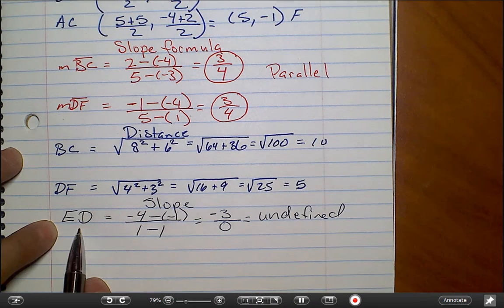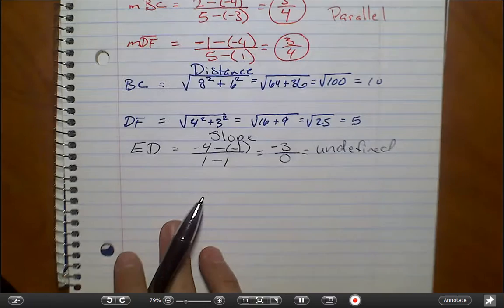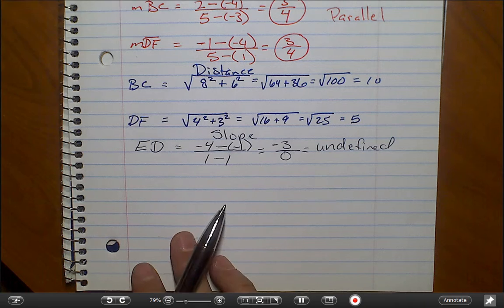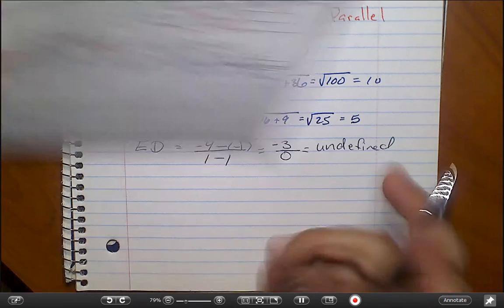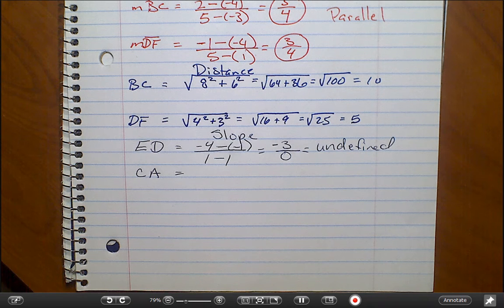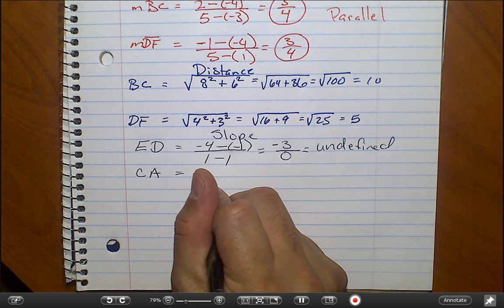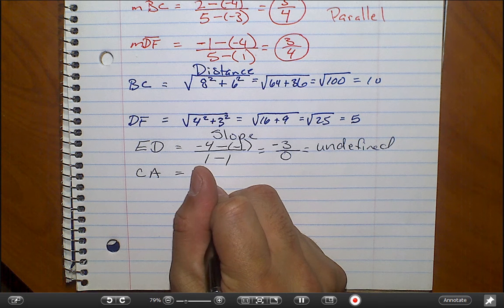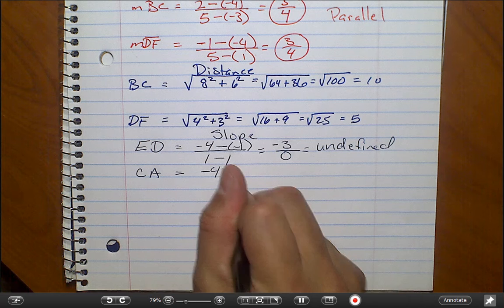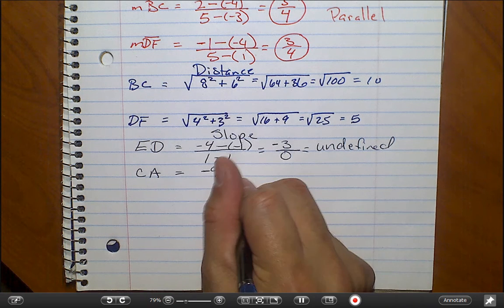So let's do the same thing. Now there's ED, and the other one we have to do is CA. So I'm going to write that out, CA. Which one's my second point in this problem? A. So what is y from the A point? -4, very good. -4 minus, what is the y from the C point? 2.